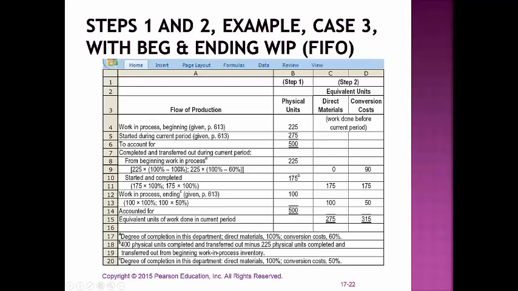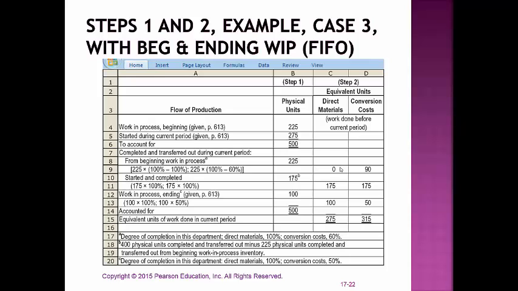All of the direct materials were put into play in the prior period, all 100% of them. Therefore, 225 units at 0 for direct materials in this period goes here. As in, these prior period units got their direct materials in a prior period, not in this period. So that's why there's a 0 there.